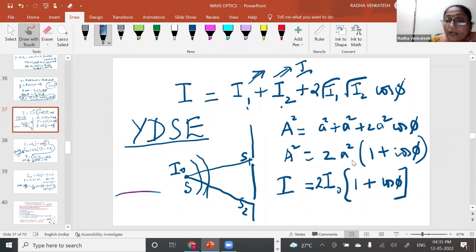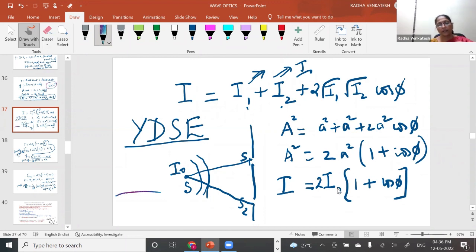These are all very important equations that we must remember for solving numericals. That's why I'm trying to recall the equations first, and then we will solve a few questions. So a squared will be replaced by I because I is proportional to a squared. Then I've written 1 plus cos phi. This a squared I've written as I naught.